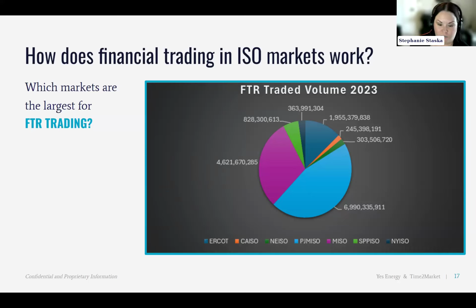So this is a very large market. There are fewer trades happening in FTRs because you can't trade every day, every hour. You're trading monthly or annual buckets at a time. And so for that reason, you're having larger volumes because it's larger tenor transactions, but it is going to be fewer opportunities to trade than virtuals.